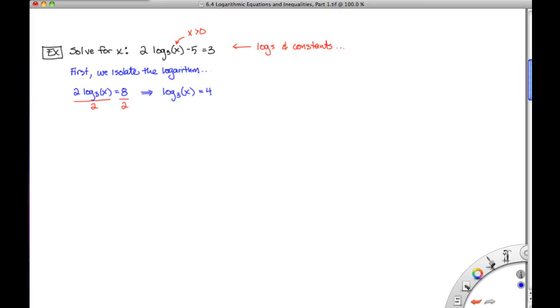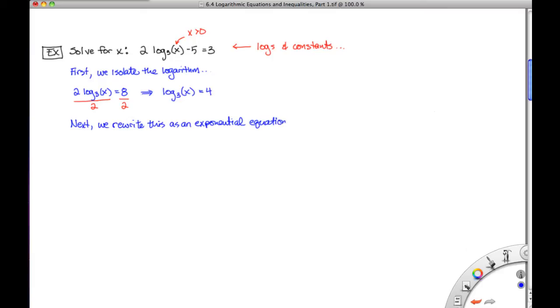Now, in order for us to solve for x, we're going to go back and use the first property of logarithms that we discussed just a moment ago, and this allows us to rewrite this log equation as an exponential equation. And this is going to give us our solution, as we'll see in a second.